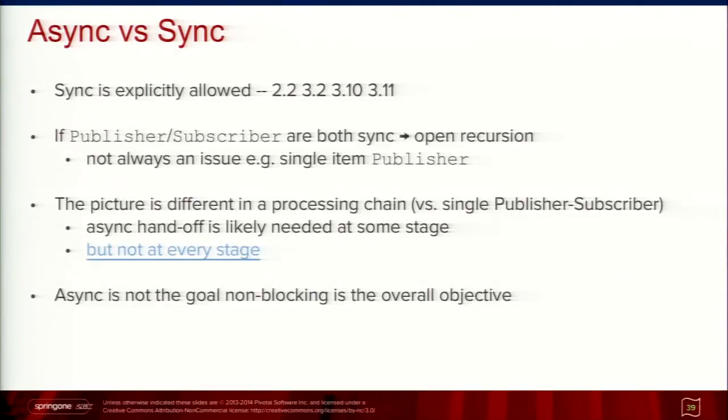So the question is what to do with overflow, especially if those events keep coming, and that's something we're going to get to, fair to assume. So on the subject of asynchronous versus synchronous, we already touched on that, but basically it's the publisher's responsibility, generally speaking, to deal with these kinds of issues. The spec does allow for this, there's specifically a section that talks about it, that you can do it synchronously.